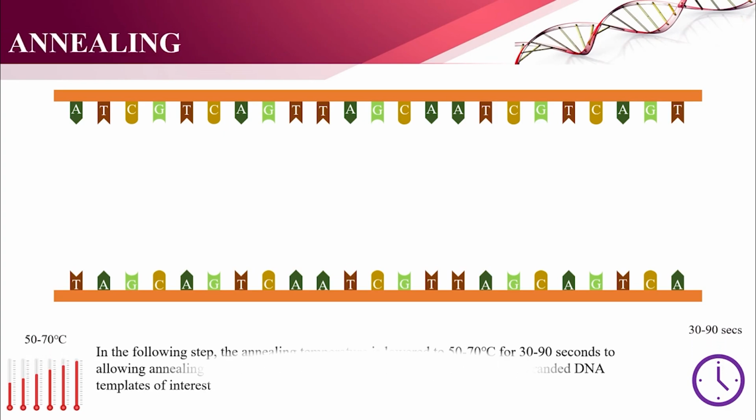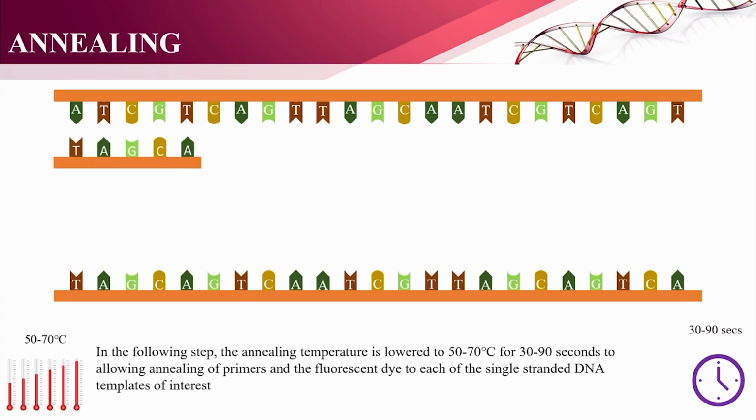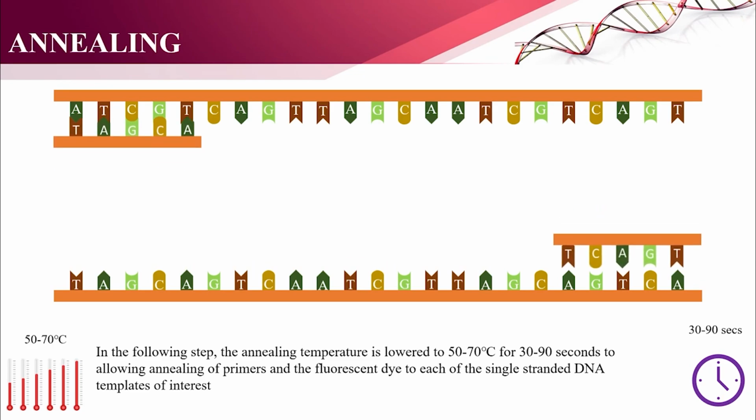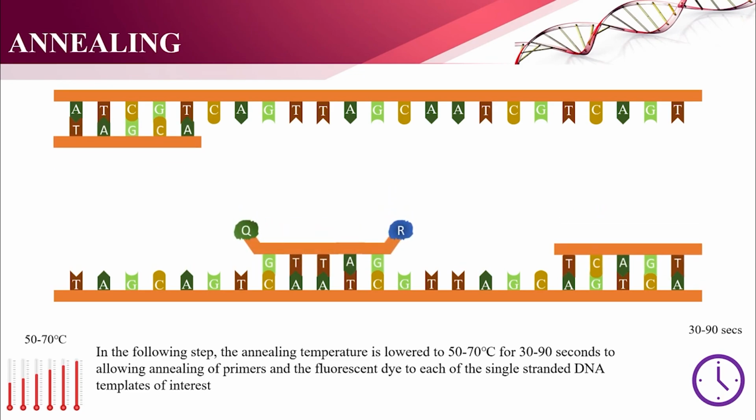After this is the annealing step. The temperature is lowered to around 50 to 70 degrees C, allowing short synthetic DNA sequences called primers to anneal to the complementary sequence of the target DNA. These primers define the region of the DNA to be amplified.